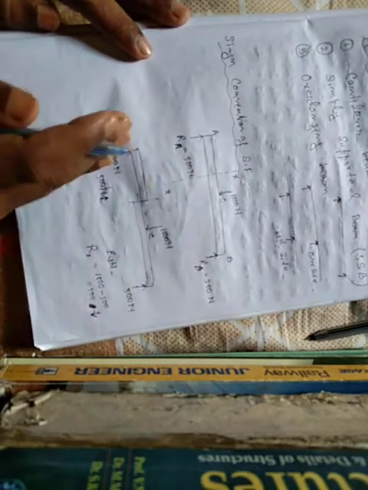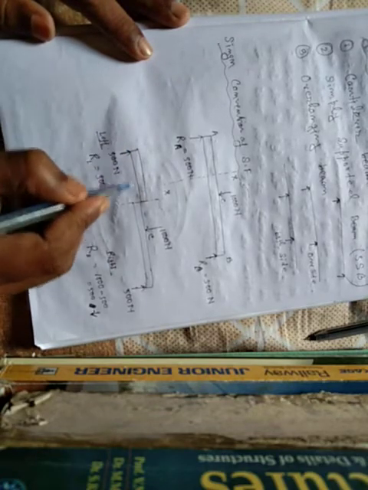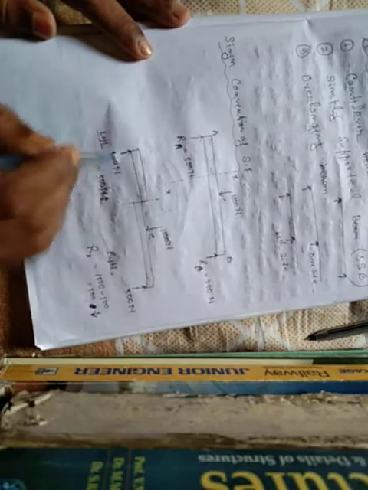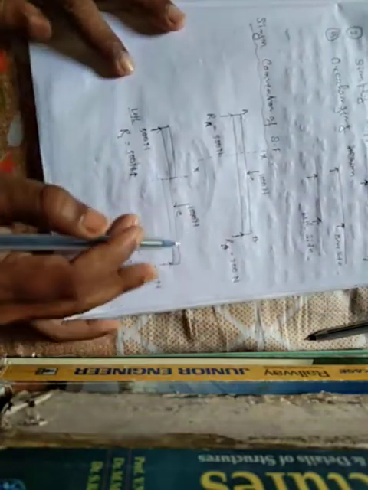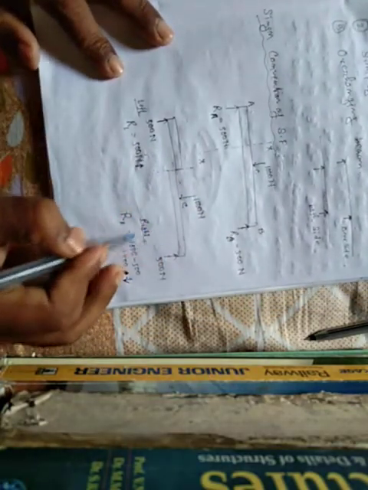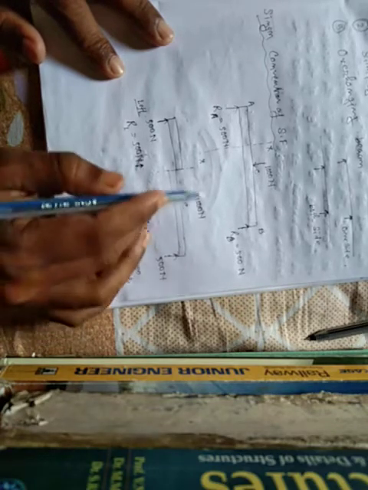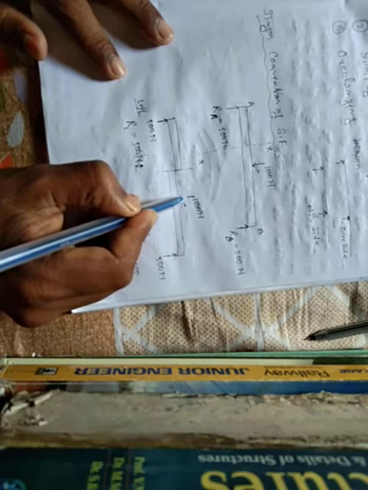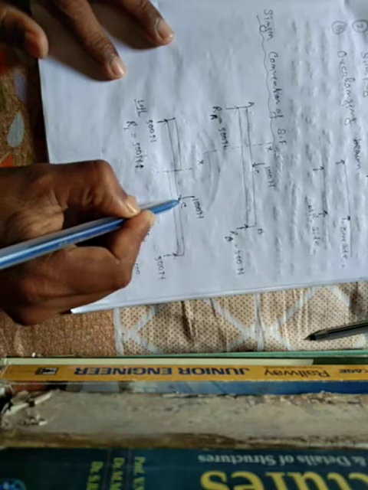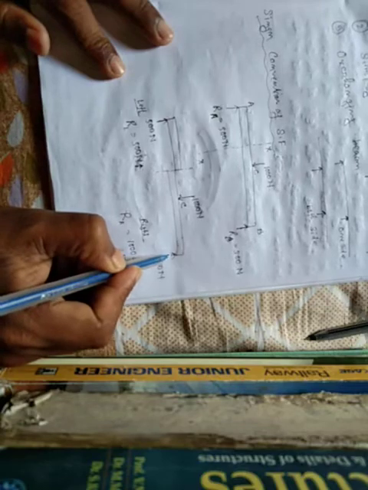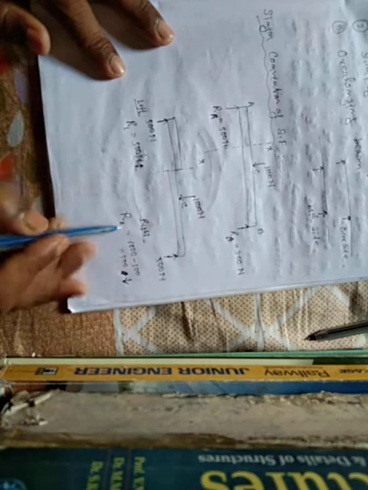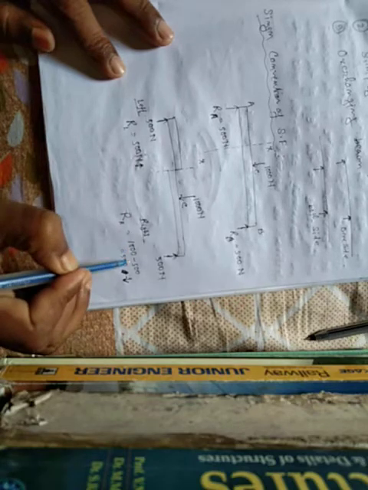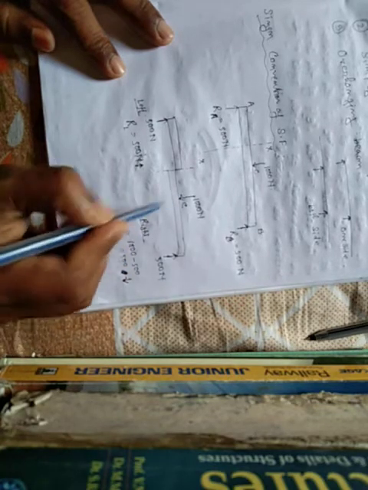In the left side section, the total resultant force is 500 Newton, which is upward direction, that means a positive shear force. On the right side, the total load of 1000 Newton is acting downward and the reaction is upward. That means the resultant force is 1000 minus 500, that means 500, which is downward.